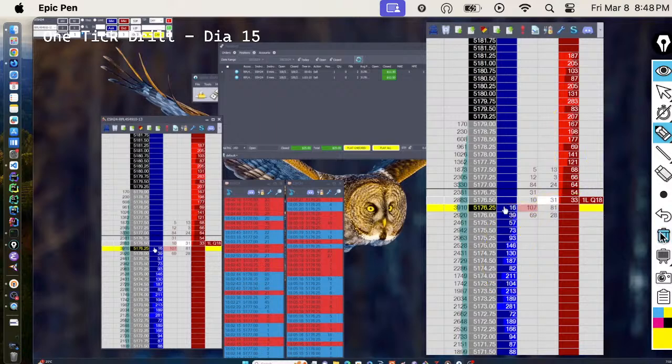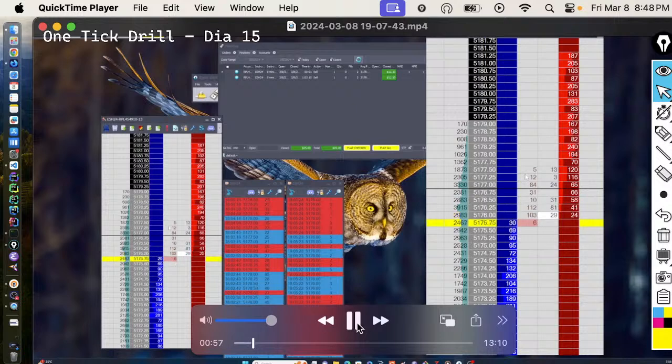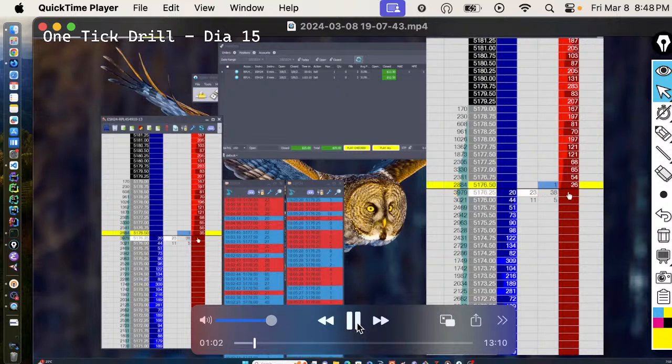Okay, let's continue. It didn't fill my order, so I exited. Didn't do anything. And I see the market is going up, so probably it's going to go to the high.